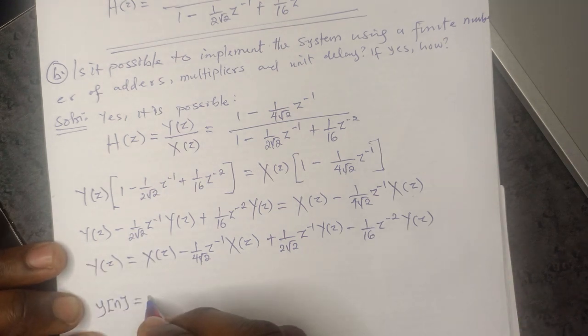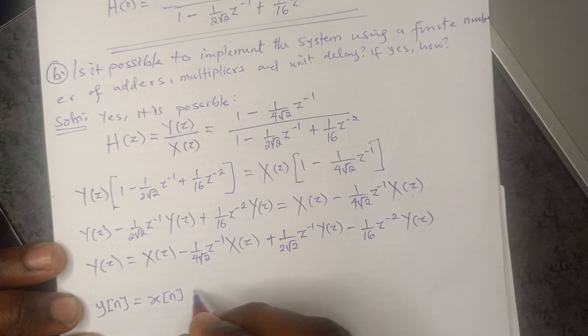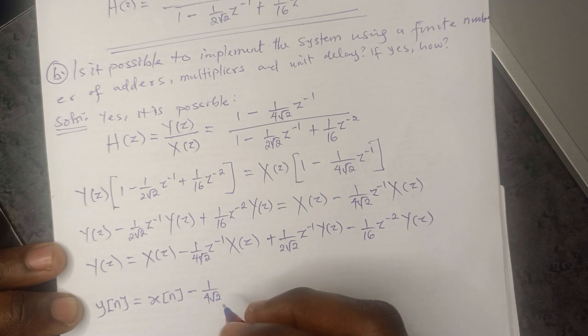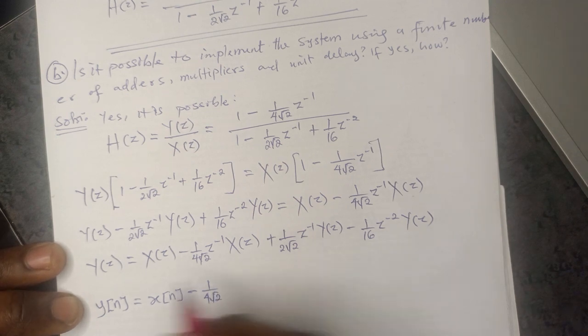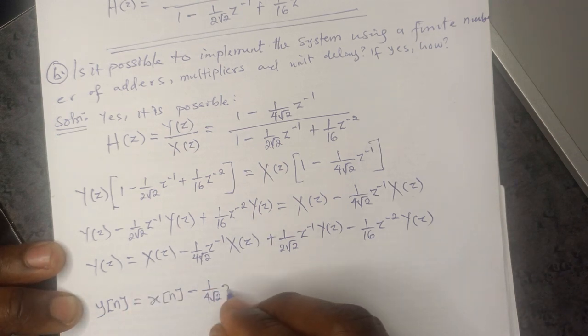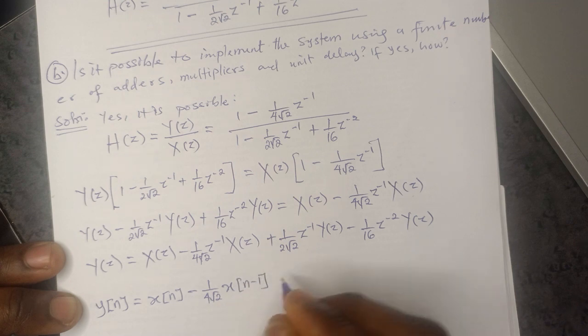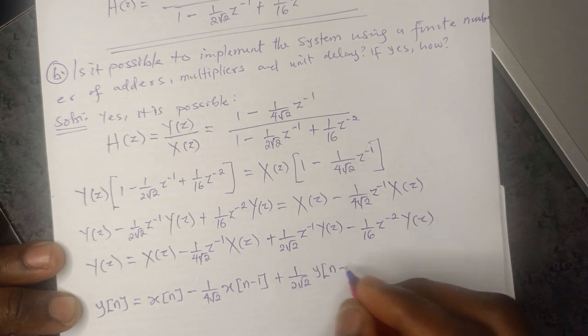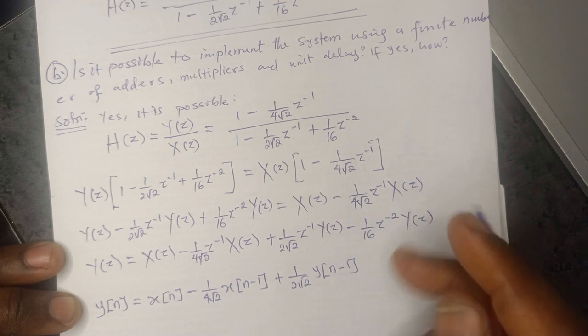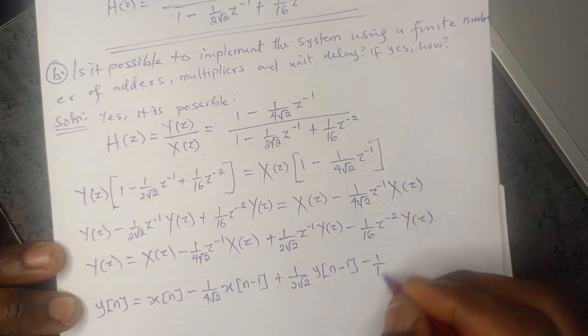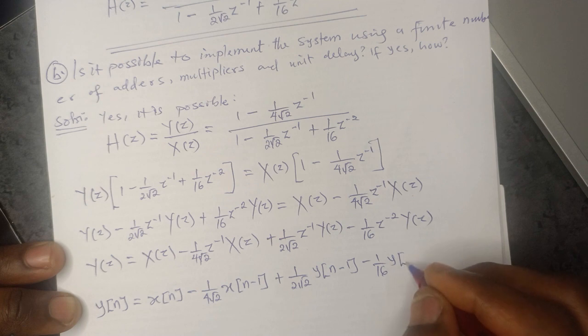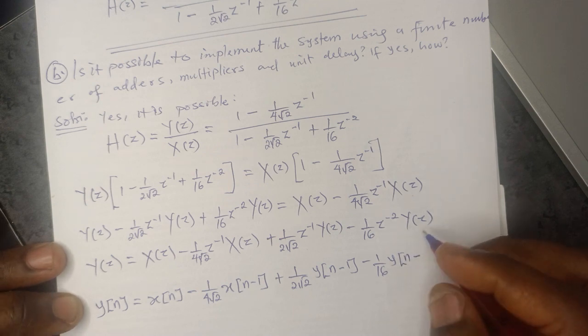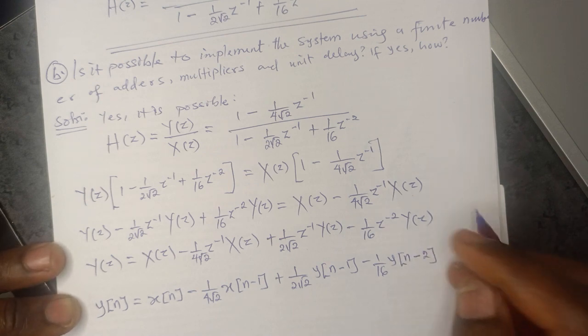It's going to be y of n equals x of n, minus 1 all over 4 root 2 x of n minus 1, plus 1 all over 2 root 2 y of n minus 1, and this is going to be minus 1 all over 16 y of n minus 2, right?